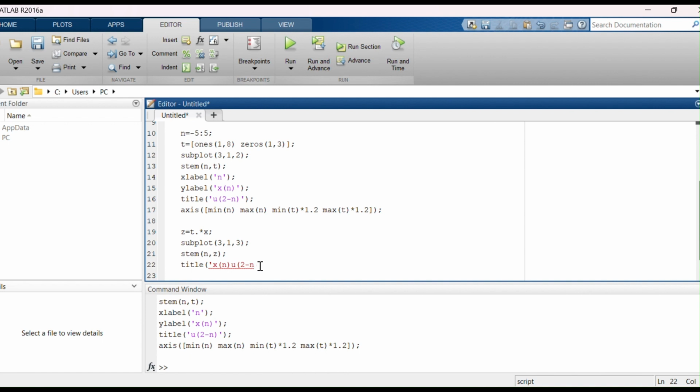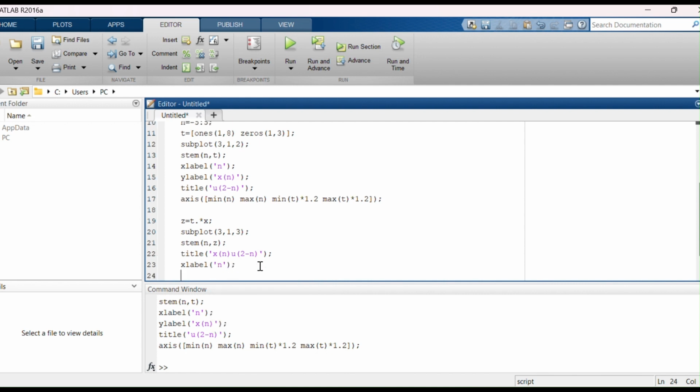Wait, yes. Okay. And now the x label is n, and the y label is x of n.